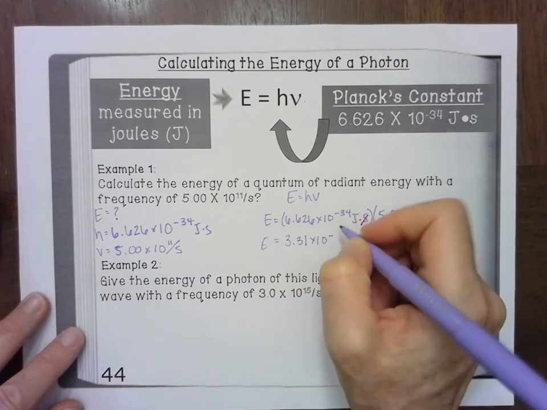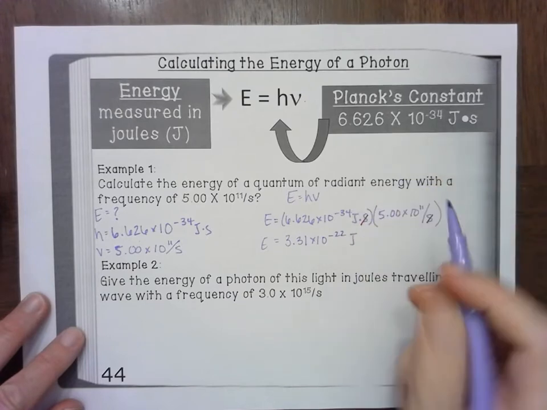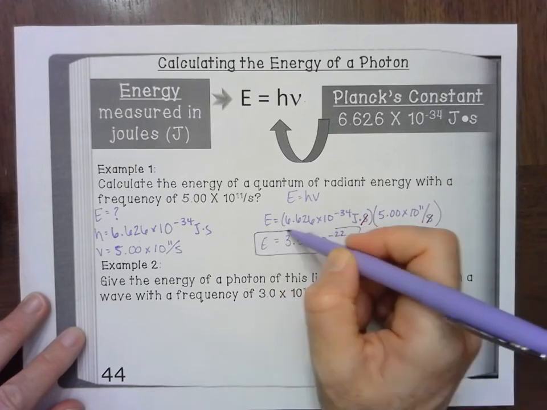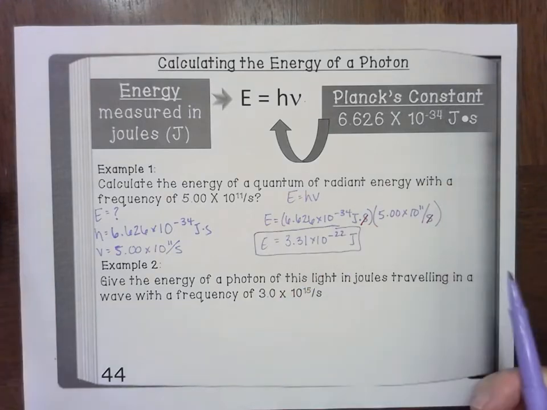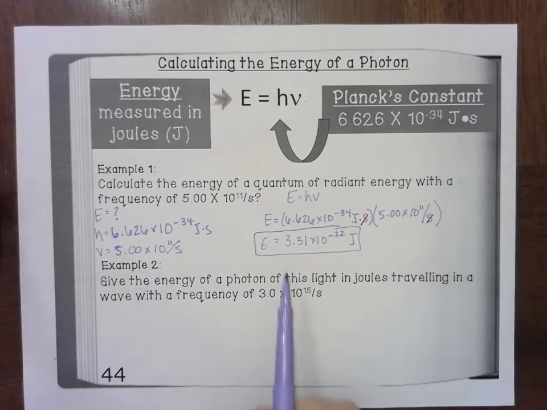J or joules is not canceled out, so I'll carry that. And the energy for a quantum for a frequency of 5 times 10 to the 11 cycles per second would equal 3.31 times 10 to the negative 22 joules.